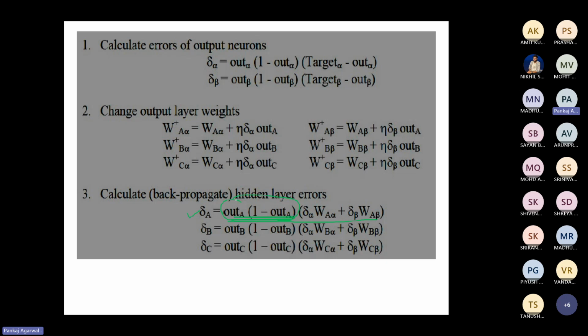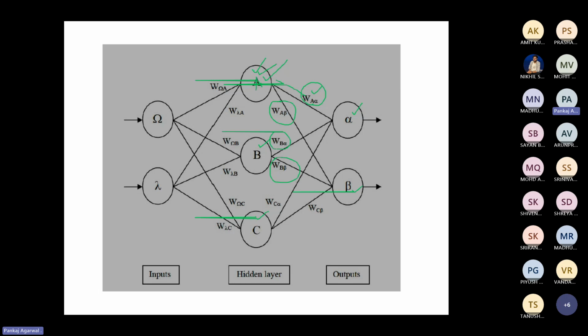What was the output at A into 1 minus the output at A, right? So the contribution of A would be output of A into 1 minus output of A, right? And the rest of the contribution will come from what? WA alpha and WA beta. You got my point?